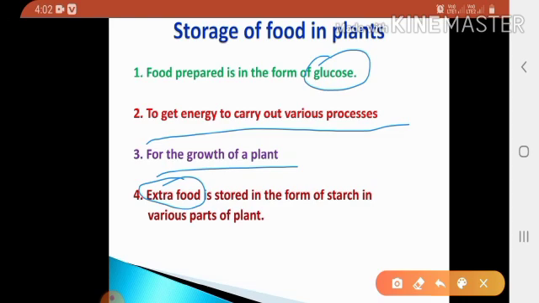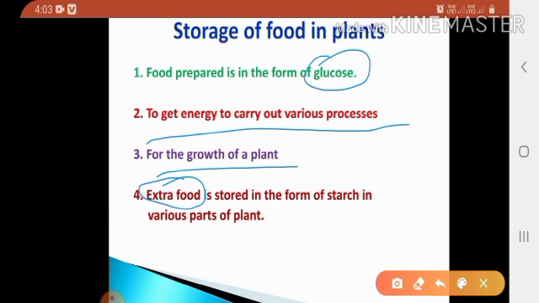Extra food which is left in the plant is stored in the plant. Some plants store that food in roots, some in stem, some in leaf, some in fruits, flowers and seeds also. These are the parts of the plants which we consume as our food.